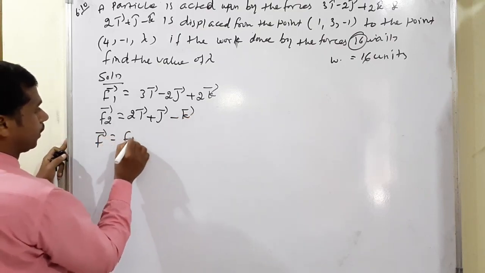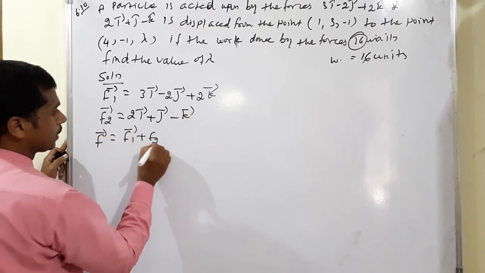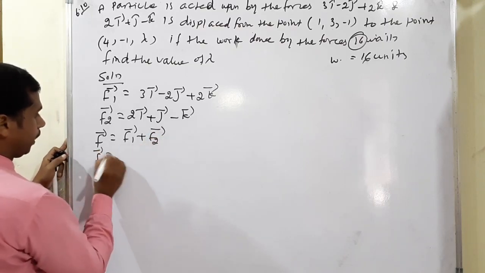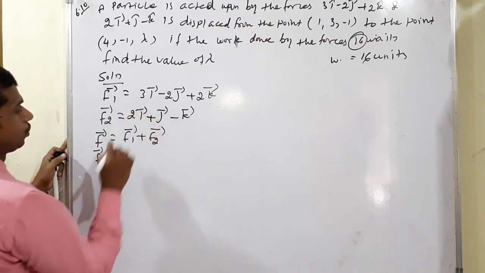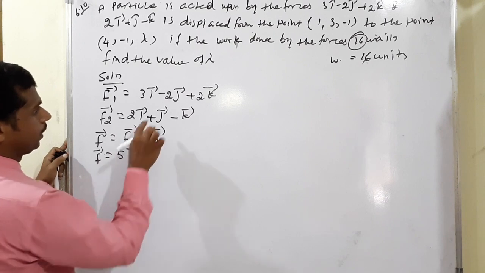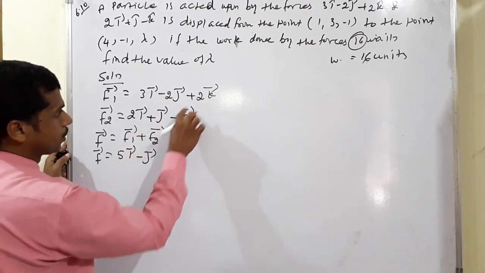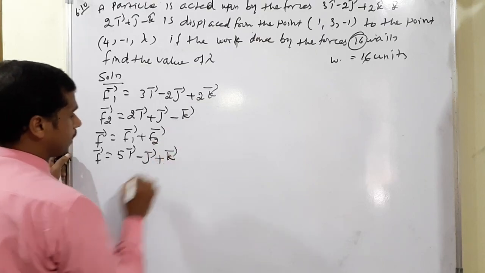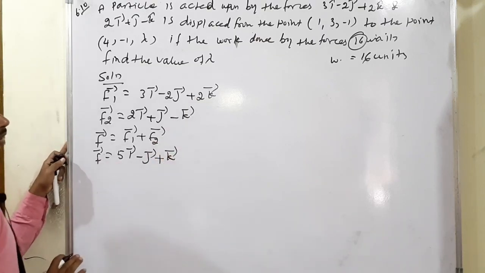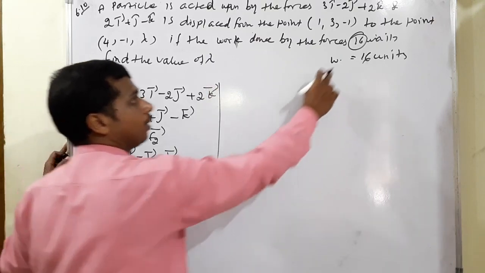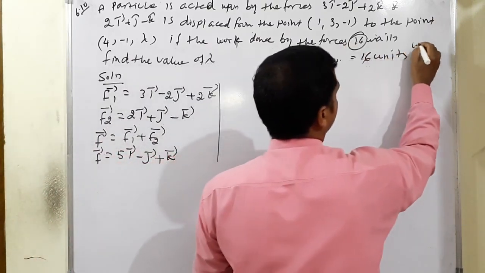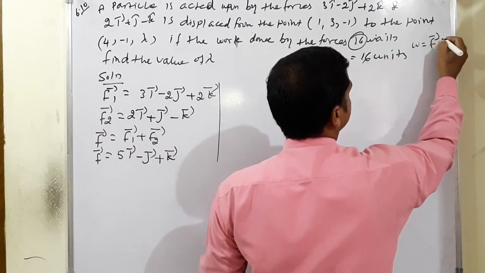Therefore, F vector is equal to F1 vector plus F2 vector, which is 2 plus 3 equals 5i vector, minus 2 plus 1 means minus j vector, plus 2 minus 1 means plus k vector. This is called F. Then we also need D, because the work done formula is force dot D.